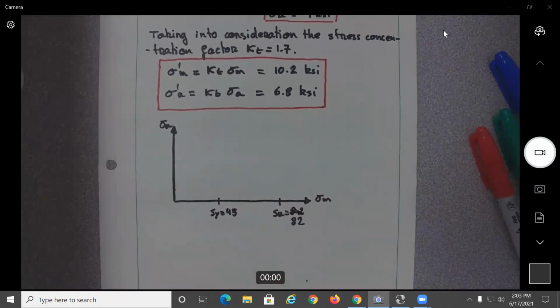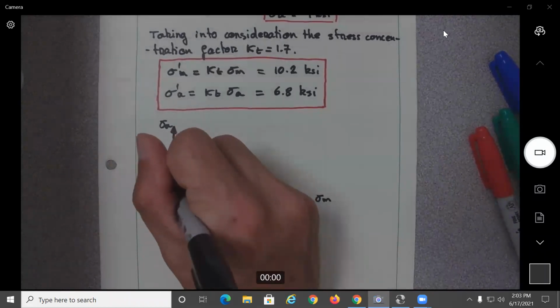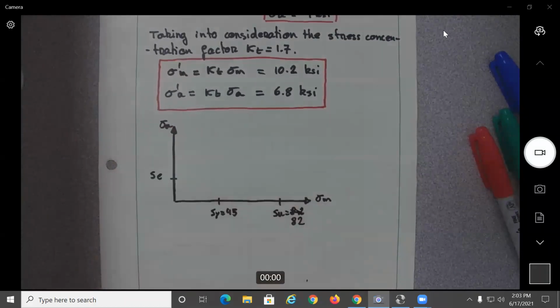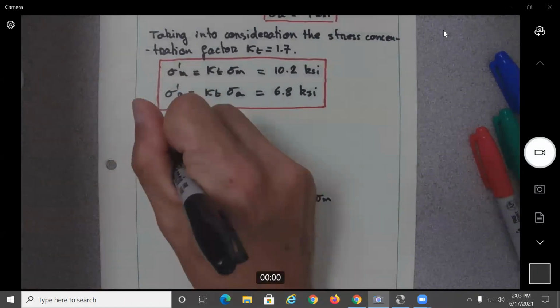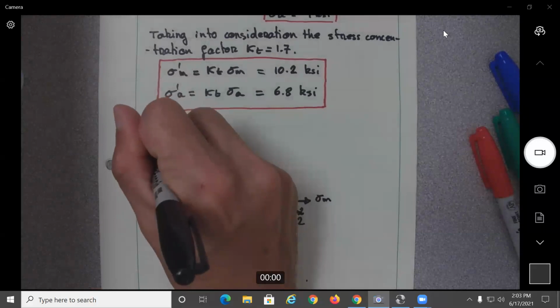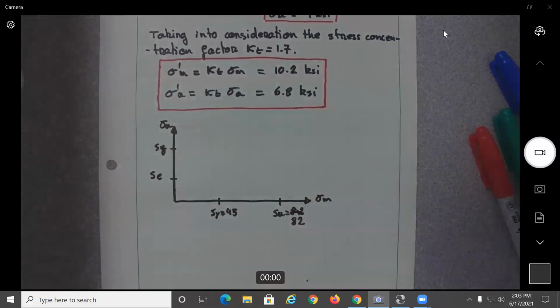And what else do we know from the problem? We know that the endurance stress is 20. So we could put here, let's say, endurance stress 20. And if we do the other one, we could put here the yield stress.